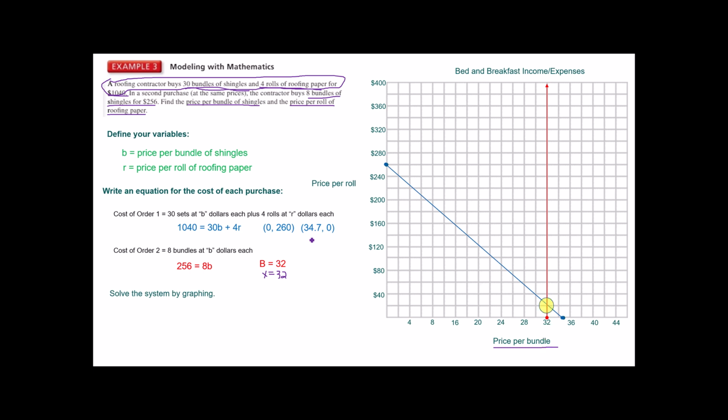Notice, out of all those points, there's only one point where my two graphs overlap. That's the point (32, 20). That's the solution to the system, and it means that the only way both of our two stories or scenarios can be true is if they spent $32 per bundle of shingles and $20 per roll of roofing paper.